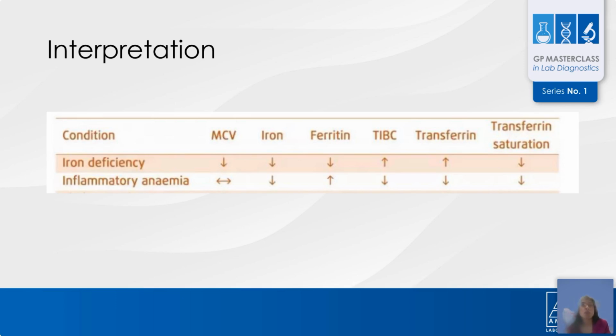But it's important to see that it's increased in inflammatory anemia, and that is because ferritin is a positive acute phase reactant. So if there's any inflammation in the body, ferritin can raise, and it can give us a falsely high result, and we can miss iron deficiency, depending on the cutoffs we use as well.